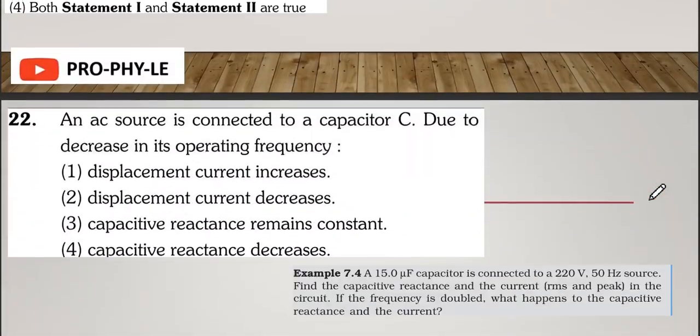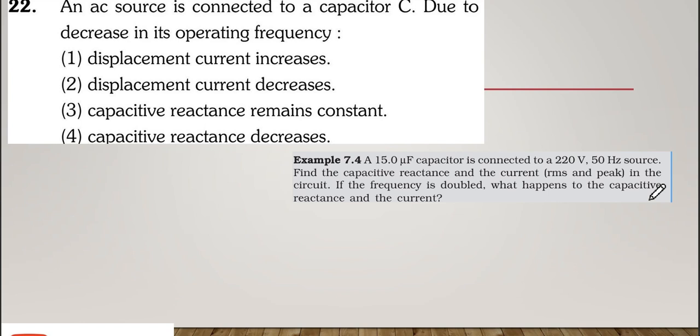Okay, so now the next question is like this. An AC source is connected to a capacitor, and its operating frequency is decreased. Then they are asking about displacement current. Displacement current is nothing but, from Ohm's law, V by the resistance offered by the device.